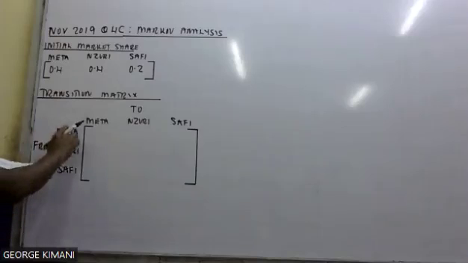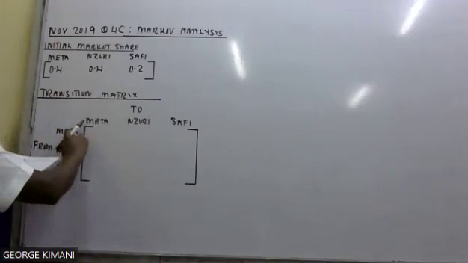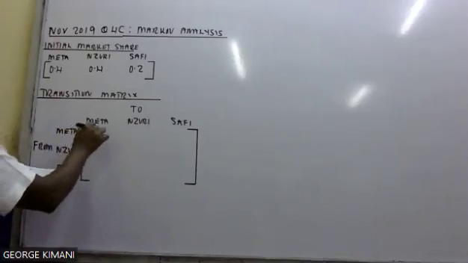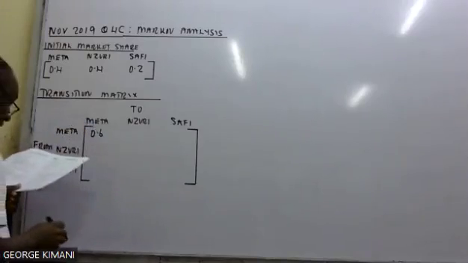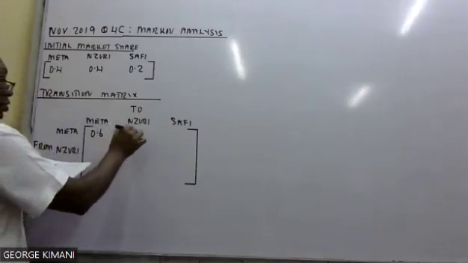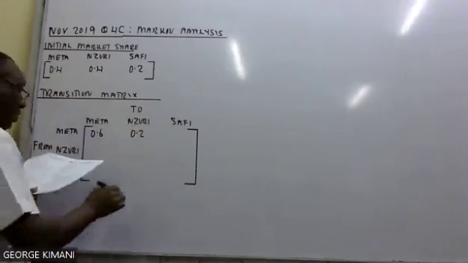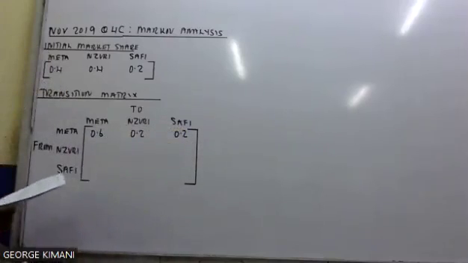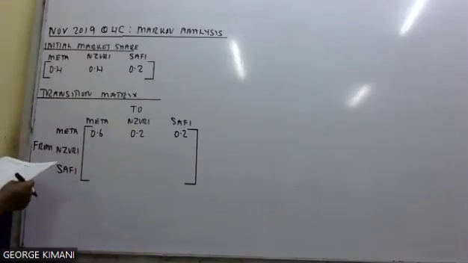Of those who bought Meta the previous week, 60% buy it again. So that is a retention, 0.6, while 20% switch to Nzuri, so that is a loss. So it is put there, and Safi 0.2 there. Then of those who bought Nzuri the previous week, 50% buy it again.